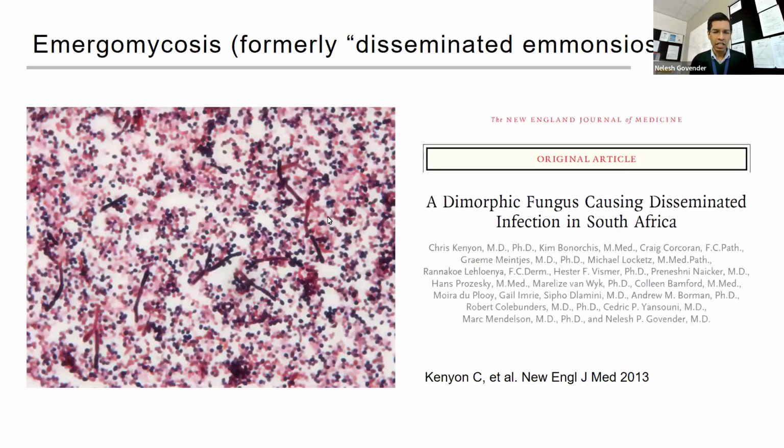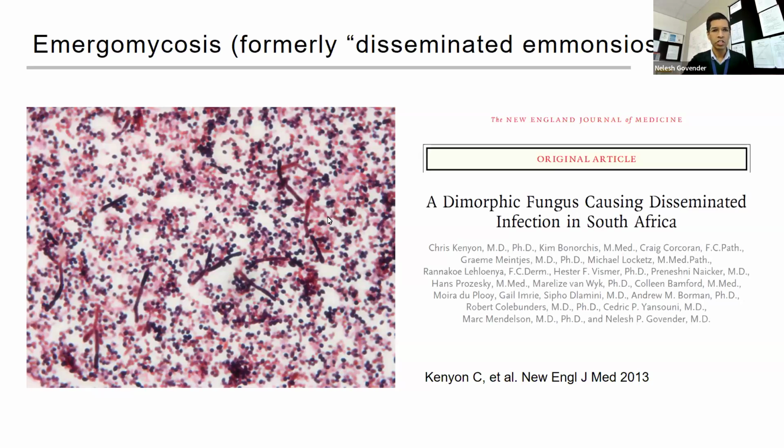In 2013, we then described a series of cases of disseminated emmonsiosis, which really shifted the paradigm for this disease entity, because it was clear now that Emmonsia-like fungi could cause not just a localized pulmonary disease but also disseminated disease, and not just with these adiaspores, which didn't replicate in vivo, but now also with small budding yeast cells, very much like Histoplasma, which were found in vivo and weren't restricted to the lungs but disseminated much more widely.